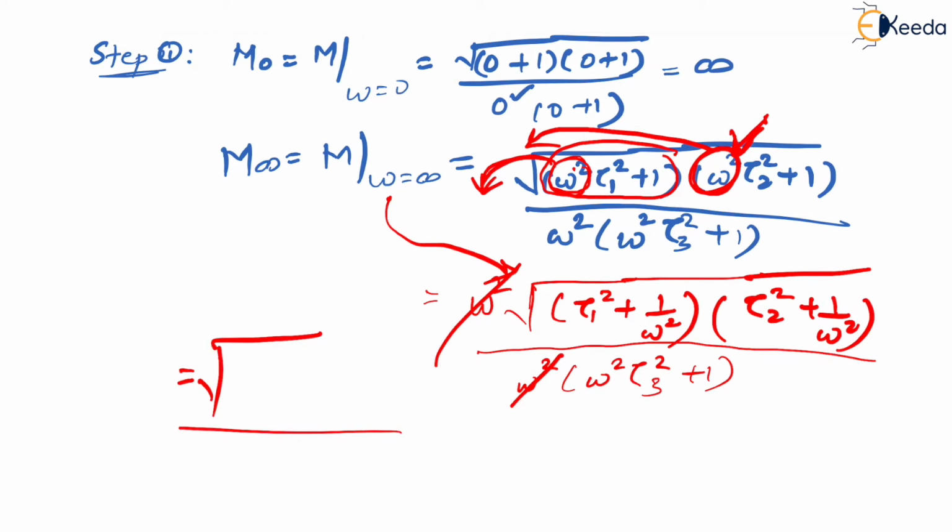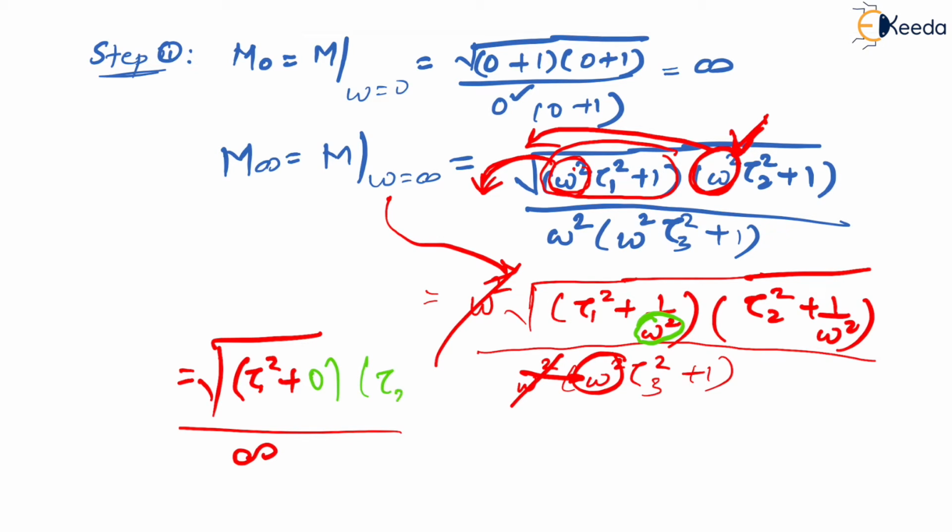under root of, see, the denominator you are definitely going to get infinity, because this omega squared will become infinity. So the denominator is 100% infinity, but on the numerator also, what you will get is tau 1 squared plus 1 by omega squared; if you put omega as infinity, it becomes 1 by infinity, which is 0.